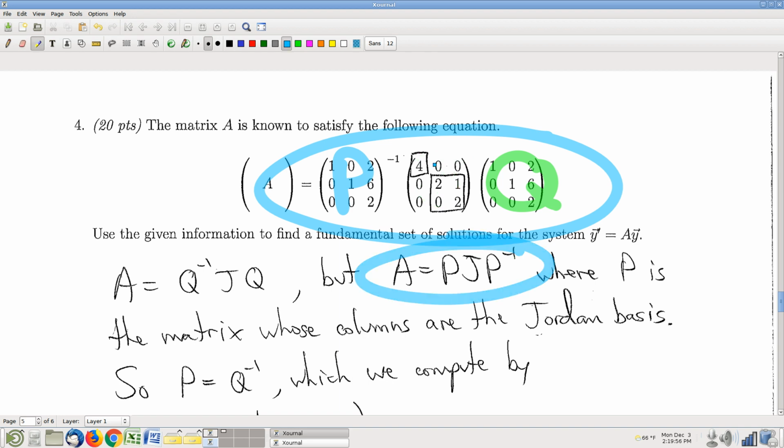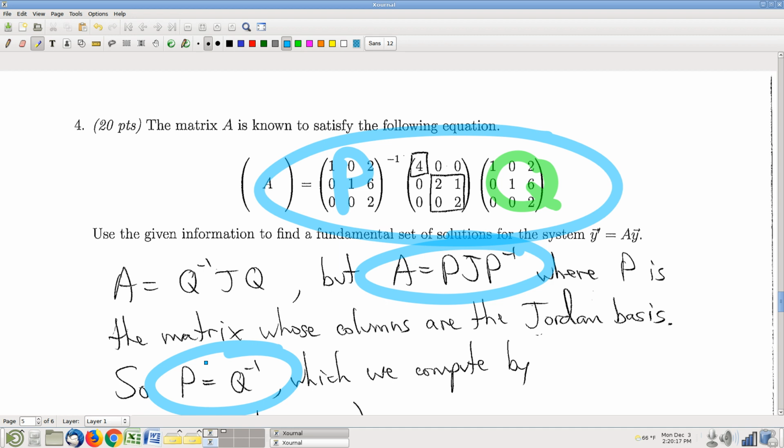Sure, there's an inverse, the matrices on either side of J are inverses of each other, but it's the one on the left that I actually care about. So P, namely Q inverse, is the one whose columns are the Jordan basis.